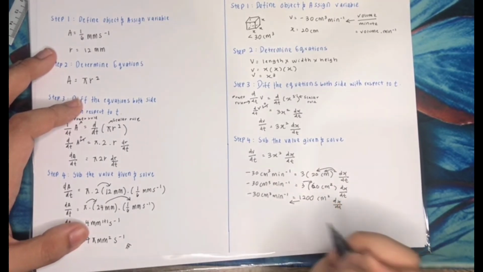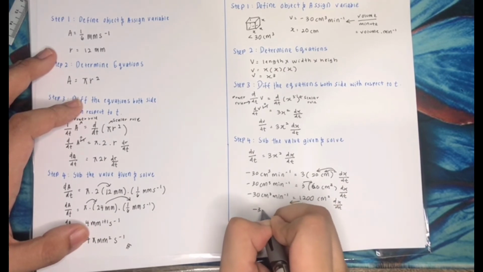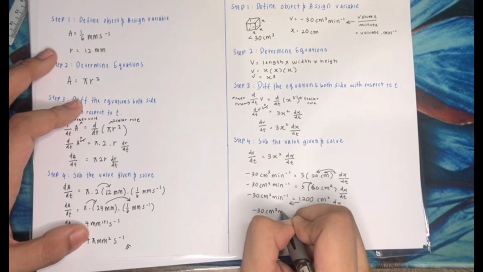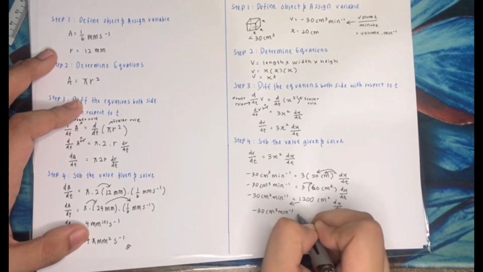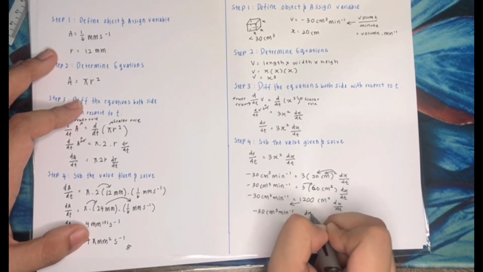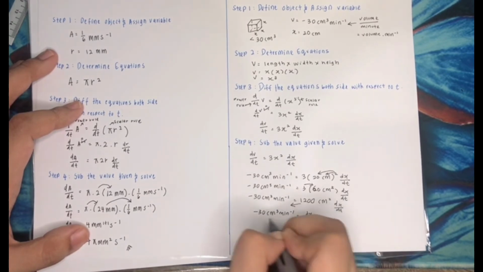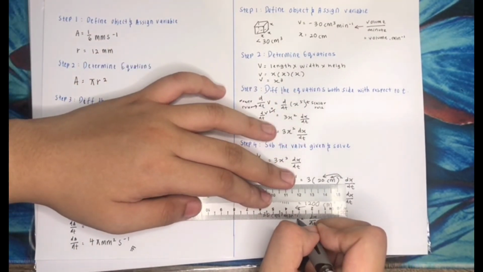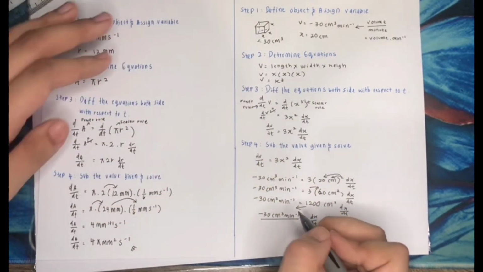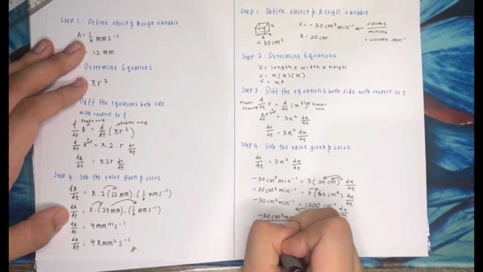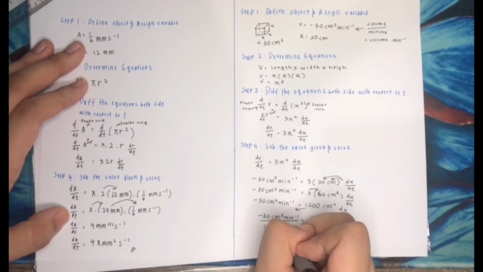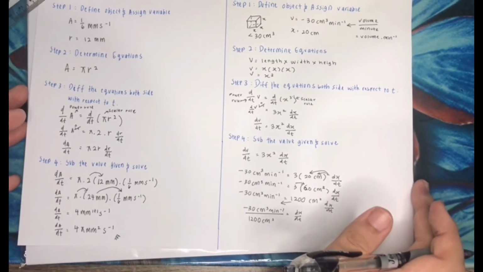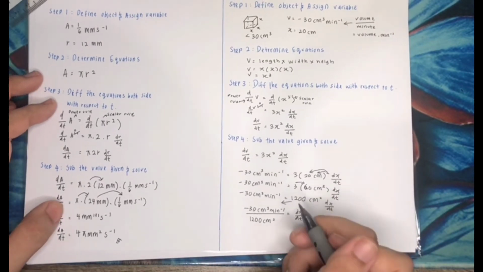We want to bring the 1200 down, so negative 30 cm^3 min^-1 equals dx/dt, divided by 1200 cm squared.